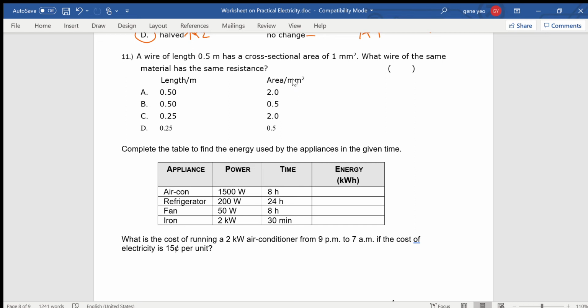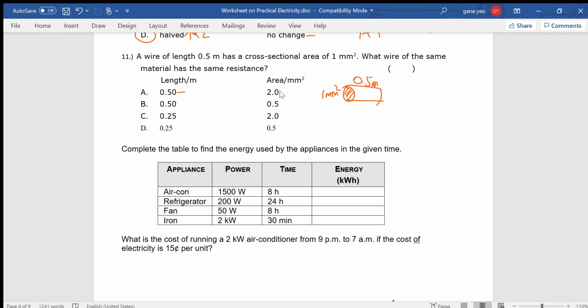Okay, so this fella has a cross-sectional area of 1 mm square, and it has the length of 0.5 meters. Now, which fella has the same resistance? Length is the same, means the resistance doesn't change.